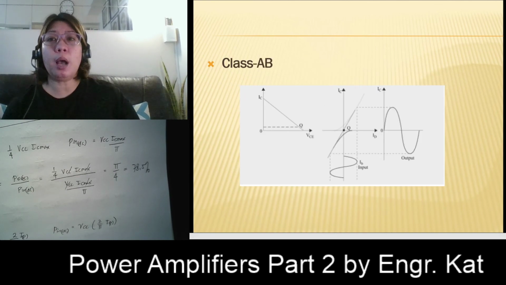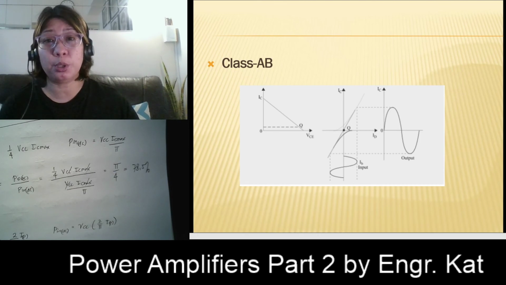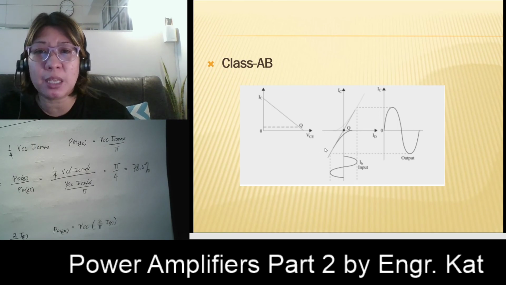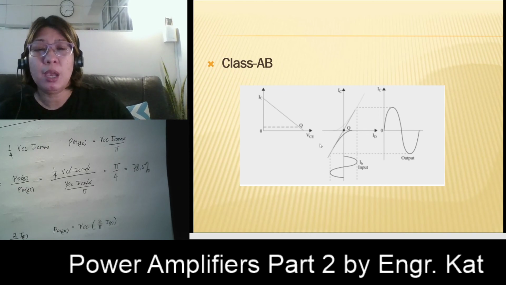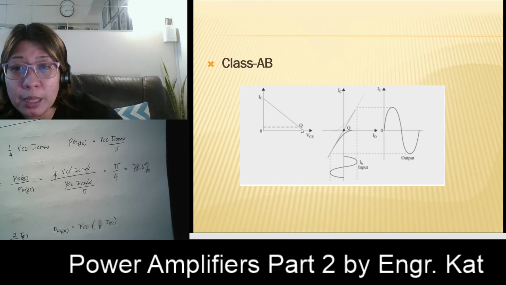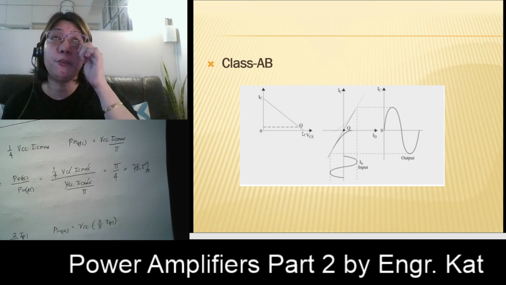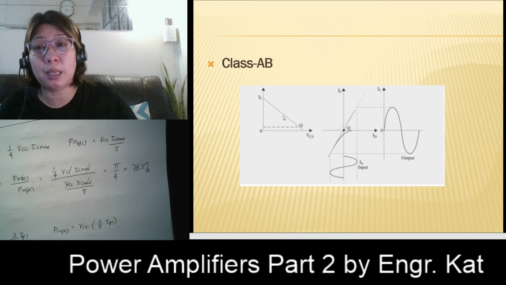Okay, so to eliminate that problem, actually this is a distortion, so we have to do something about that. We place a small bias voltage, a small input voltage. We raise the Q point just above the cut-off region. As you can see, for a class A amplifier, the Q point must be located at the center.